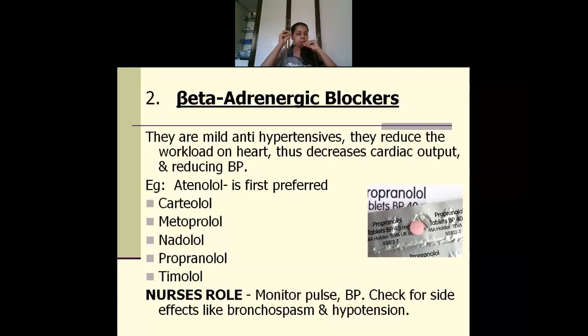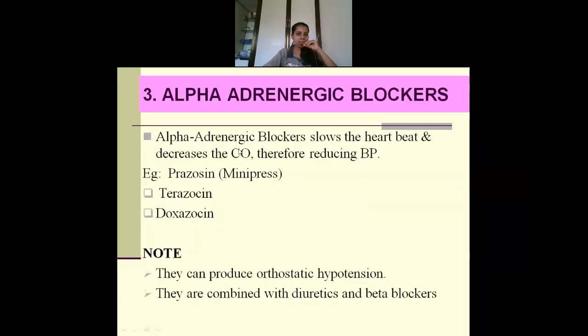These beta blockers are known to cause bronchospasm, so use them cautiously in patients with respiratory problems like asthma, COPD, bronchitis and all. Most of the time beta blockers are not given to such patients, those who have a history of bronchospasm. It can also result in hypotension, so continuously monitor the pulse and the blood pressure. That was regarding beta blockers.